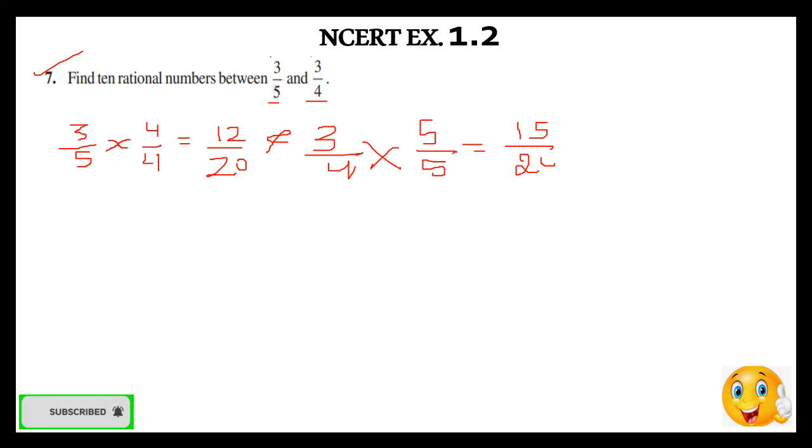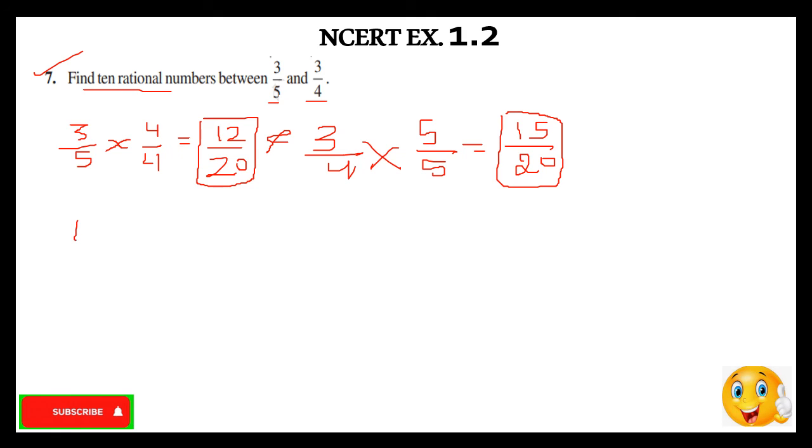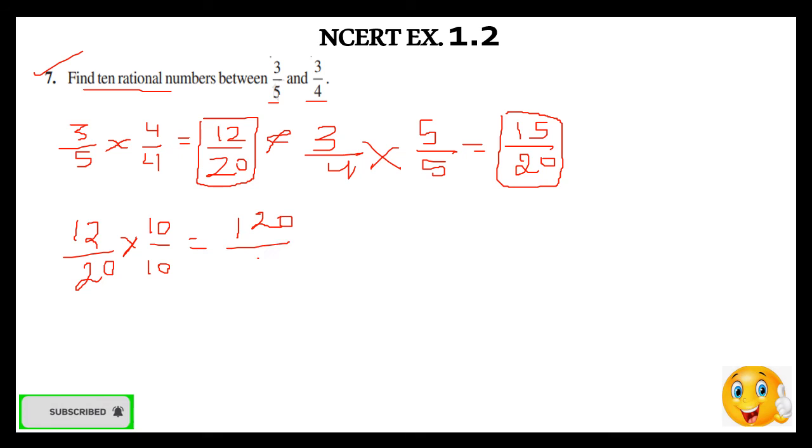Now for both the numbers 12 upon 20 and 15 upon 20, we have only 13 and 14 in between, but we are supposed to find 10 rational numbers, so we can make it 10 times again. So 12 upon 20 can be multiplied with 10 upon 10. It's 120 upon 200.